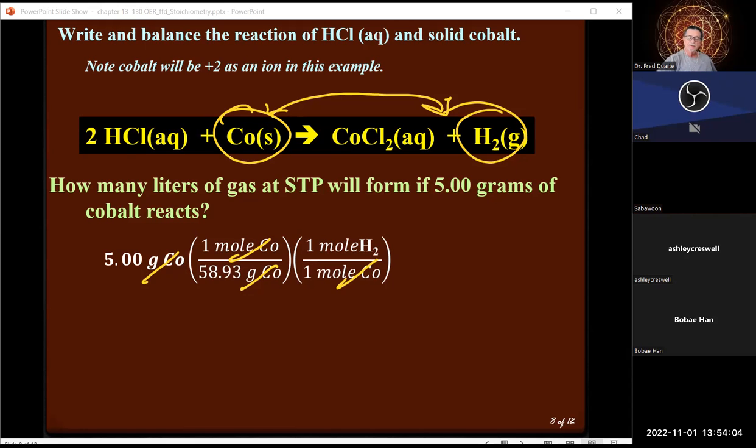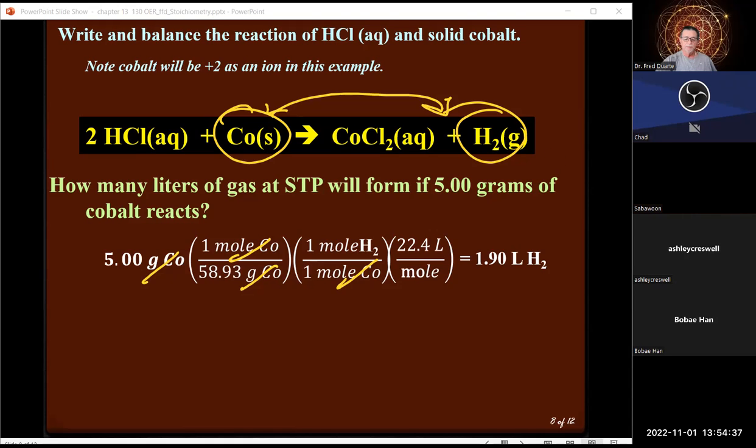And since we are at STP, we can use the 22.4 liter per mole relationship because the question is asking us to get to liters of hydrogen gas. And so we plug that in and we end up with 1.9, almost 2 liters of hydrogen gas created if you start off with 5 grams of cobalt, 1.90 to be exact.